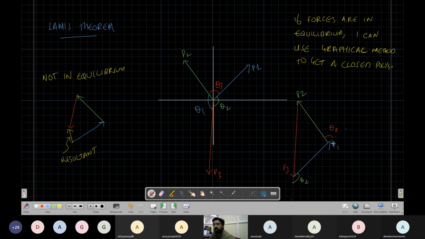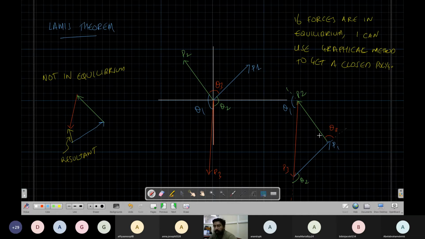Now only one angle is remaining, the angle between green and red. So this is green and this is red. You can extend this green here and call that angle theta 1. So these are the conditions.